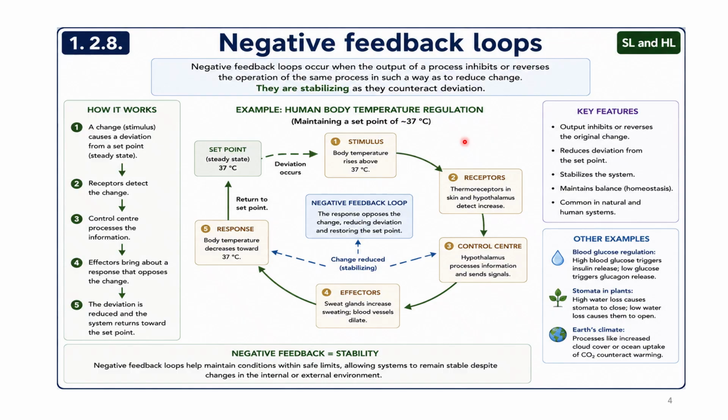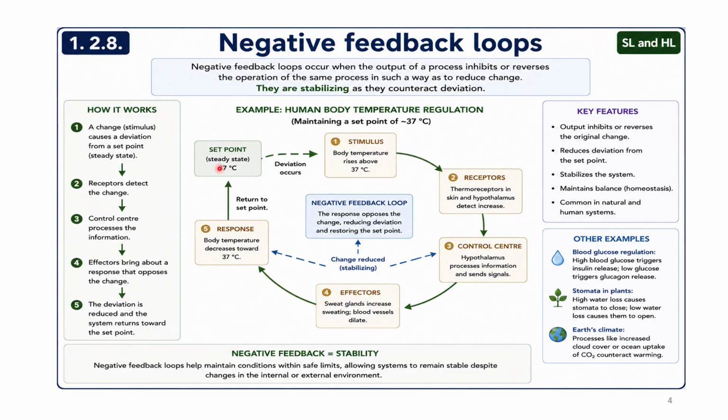The process begins with a disturbance, such as an increase in body temperature above 37 degrees Celsius. Receptors detect the change. The control center, the hypothalamus, processes the information, and effectors trigger sweating and dilation of blood vessels. These responses cool the body and return it to its normal set point.